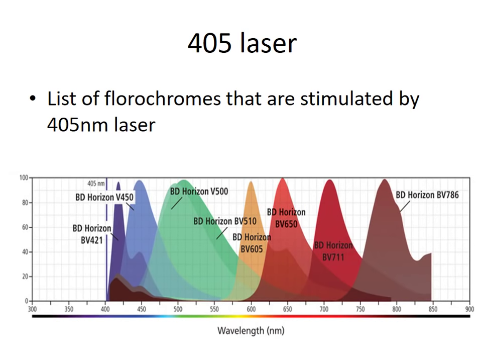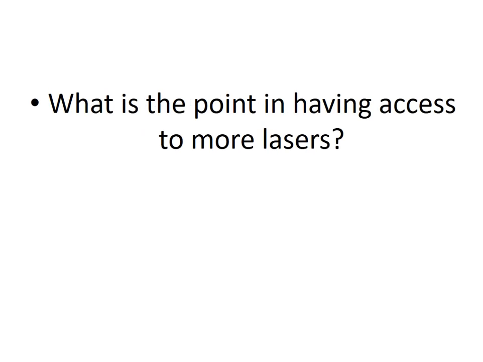Okay? And then here's an example of a different laser that can use different fluorochromes. As you can see here, these fluorochromes are more spread out than the previous one. So each laser will be specific to a particular set of fluorochromes.